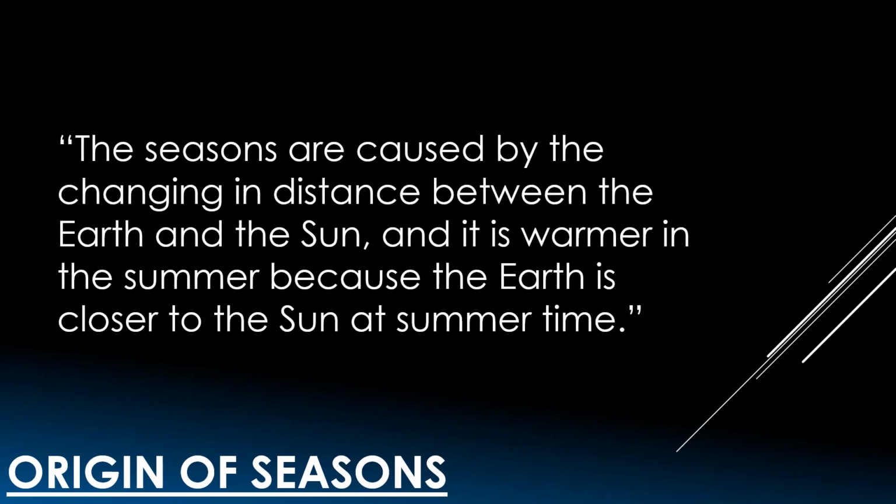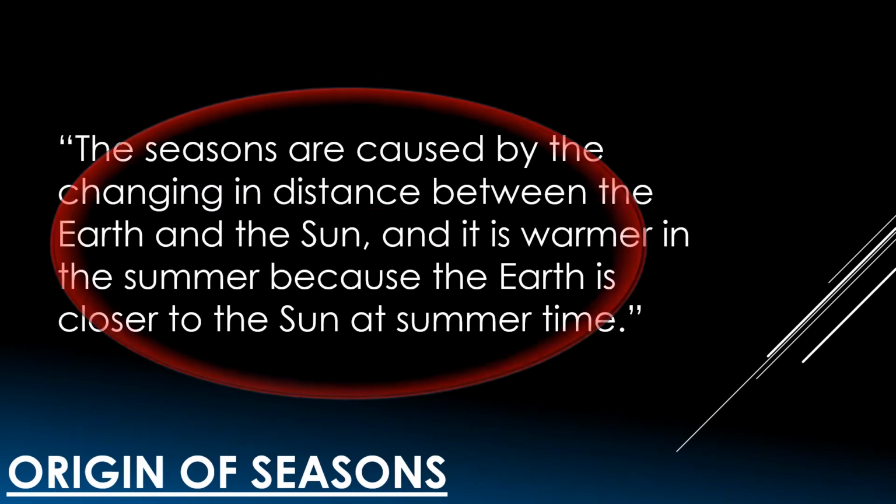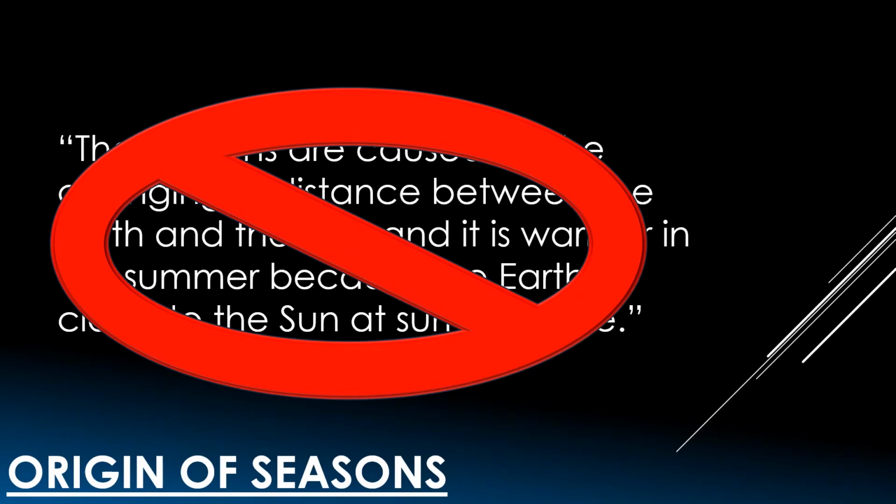You may have heard it explained like this, that these seasons are caused by the changing in distance between the Earth and the Sun. And it's warmer in the summer because Earth is closer to the Sun during summertime. You may have heard it explained like that before, but unfortunately, that is 100% wrong.